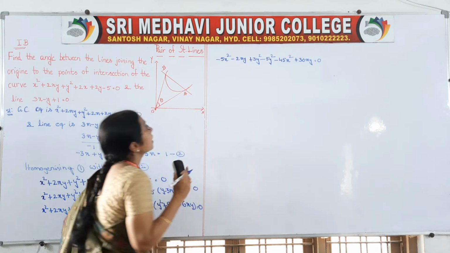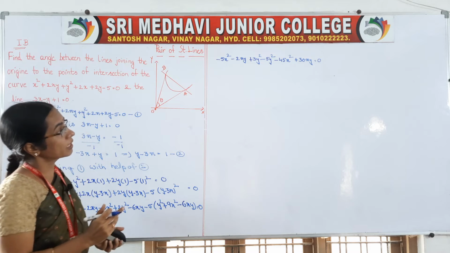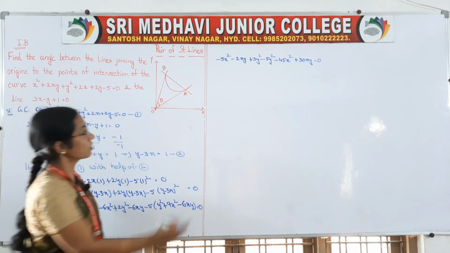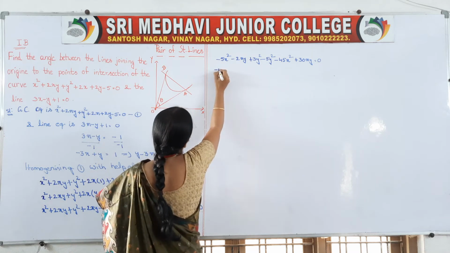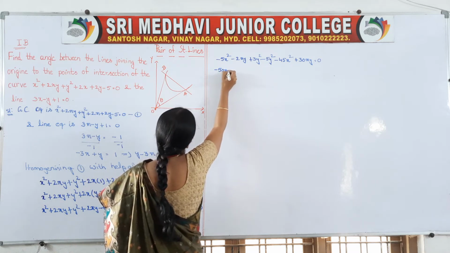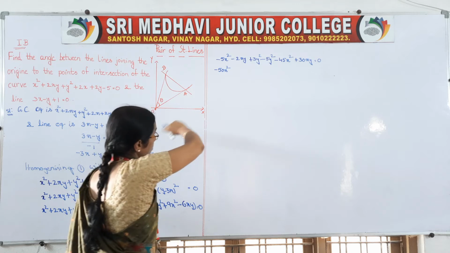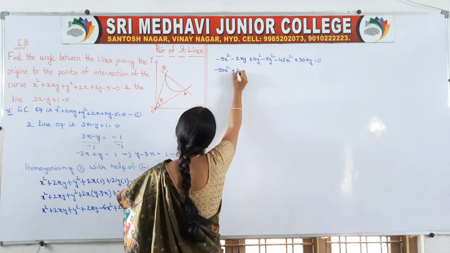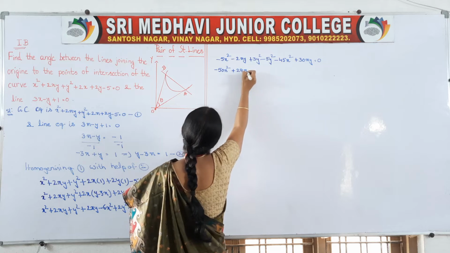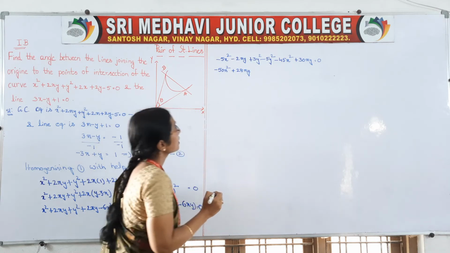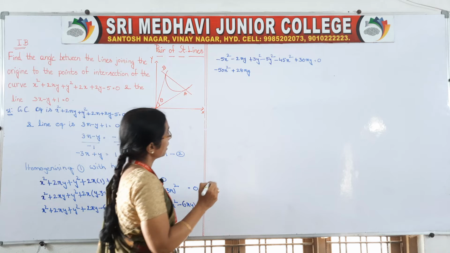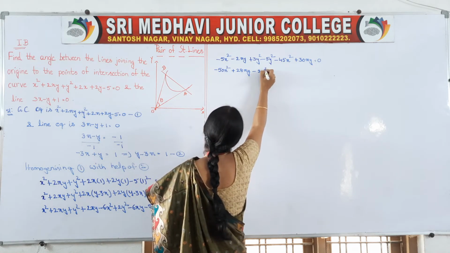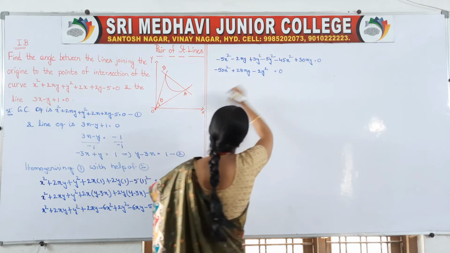Okay, so now write x square terms together: minus 5x square minus 45x square is minus 50x square. Then xy terms: minus 2xy plus 30xy is 28xy. Okay, next 3y square minus 5y square is minus 2y square is equal to 0.